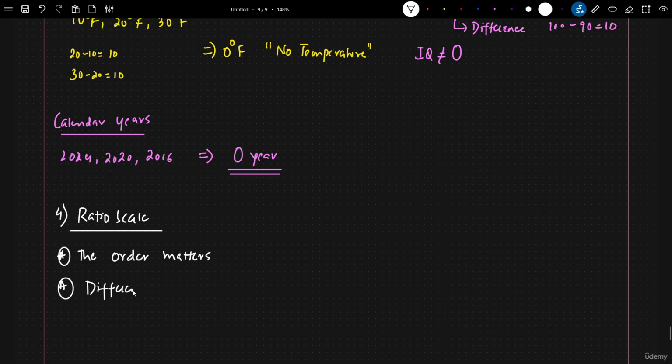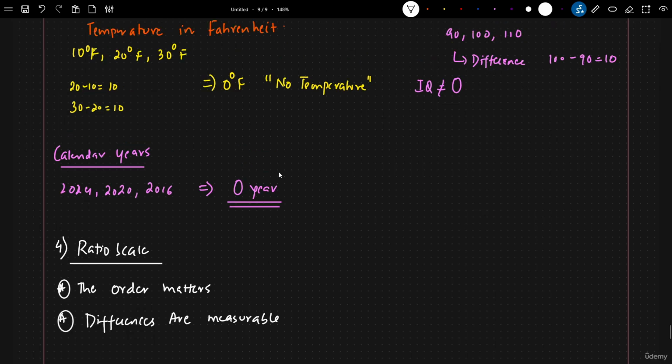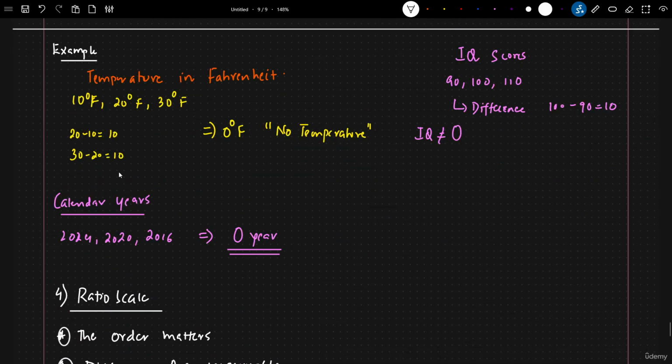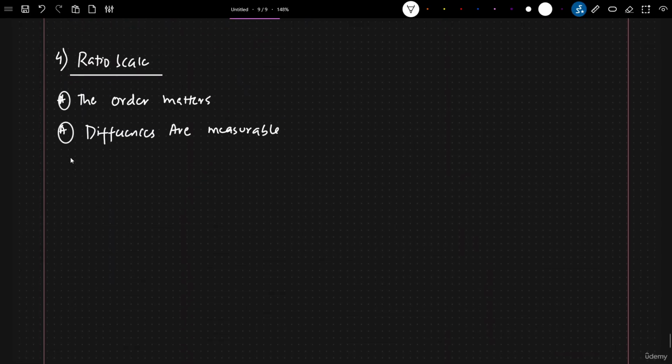Differences are definitely measurable. Previously also differences were measurable. But when I say there is no true 0 point before, here it contains a 0 point, a 0 starting point.